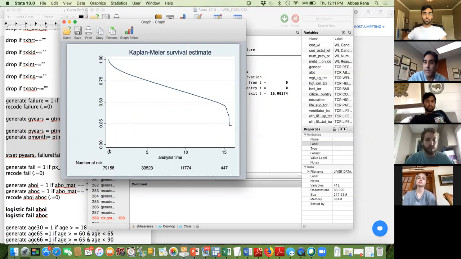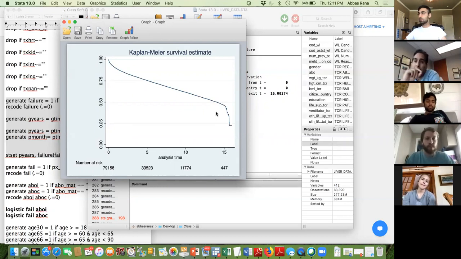Okay? So you put everyone's transplant on the same day, and you show how the survival falls off with time. But everyone needs to get credit for the amount of time that they're in the study, and they need to have an outcome. They need to be either alive or dead.